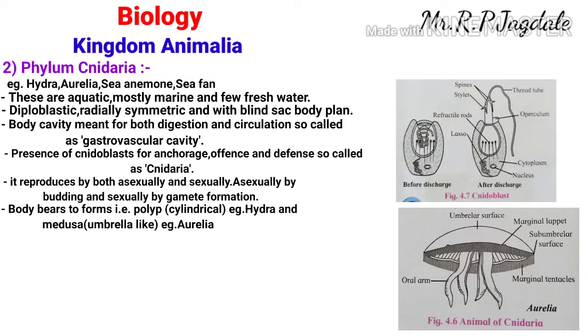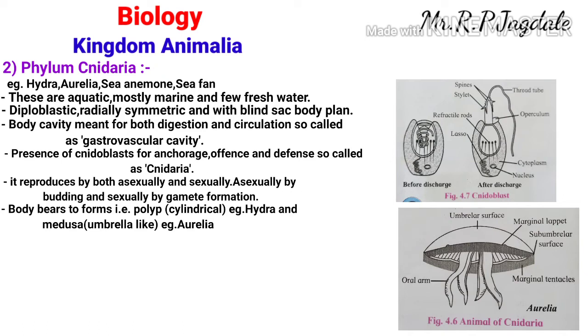The polyp is a cylindrical form. An example of the polyp form is Hydra. The second one is the medusa, an umbrella-like structure. An example of medusa is Aurelia. So polyp and medusa body forms are there in Cnidaria.